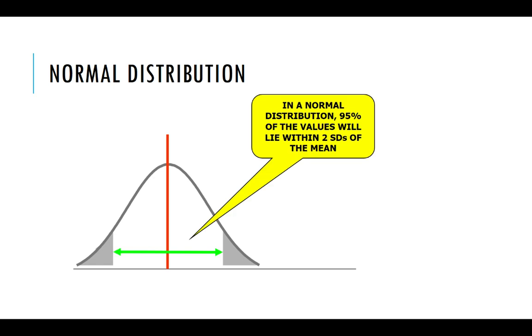So in a normal distribution, it turns out that 95% of the values will lie within 2 standard deviations of the mean. So look at my arrows there to the left and to the right. I've measured 2 standard deviations to the left and 2 standard deviations to the right. So what we're saying is, if you look at that part of the distribution, 95% of the observations will lie within 2 standard deviations. So 95% of observations are going to fall in that area as opposed to falling in the tails.